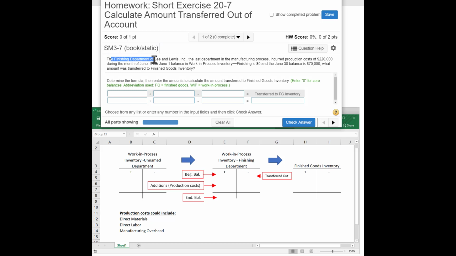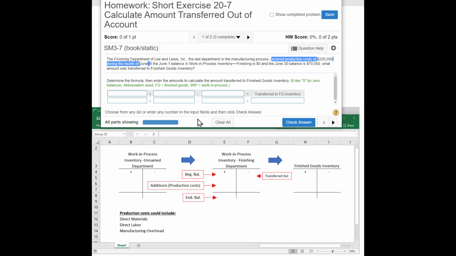So the finishing department of Lee and Lewis Incorporated is the last department in the manufacturing process. It's the last one, meaning the next department would be the finished goods inventory. The finishing department incurred costs of $220,000 during the month of June.